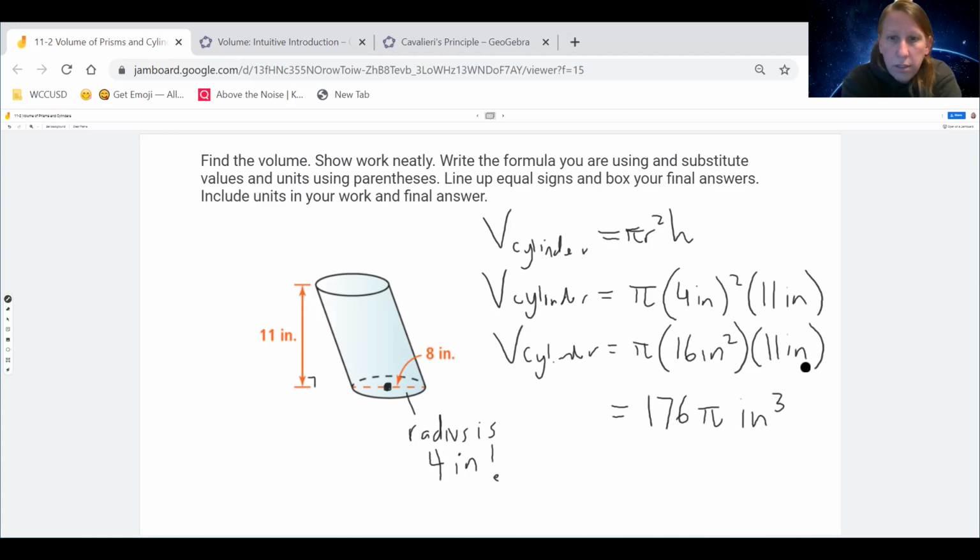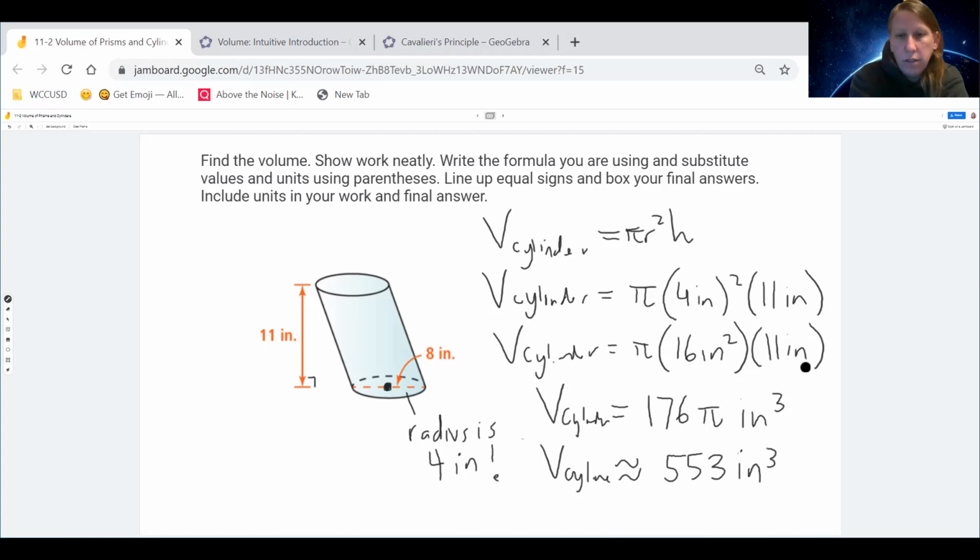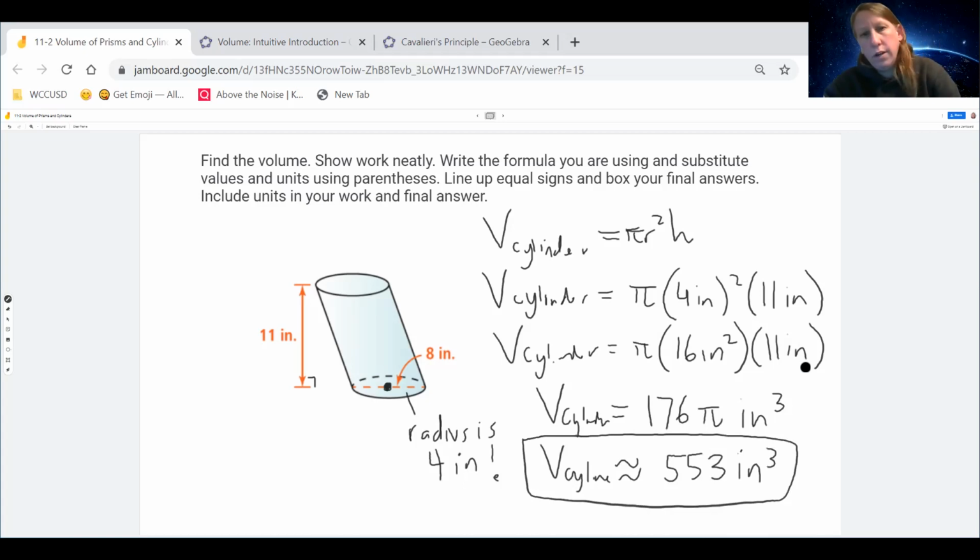That's a beautiful answer for a math class. And if you're doing anything real life, you would want to multiply in with pi. And you would get around 553, I'm going to round it, cubic inches of volume, of juice, of whatever is in that lovely oblique cylinder.